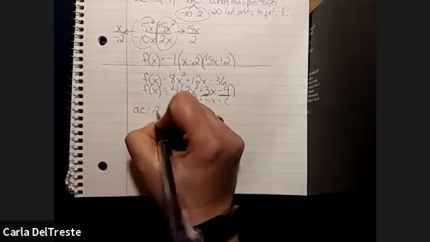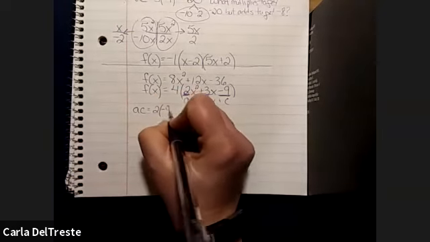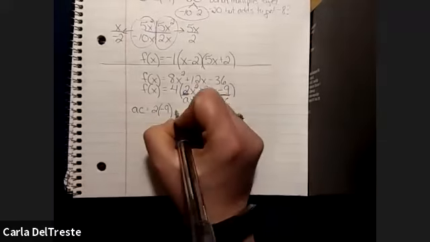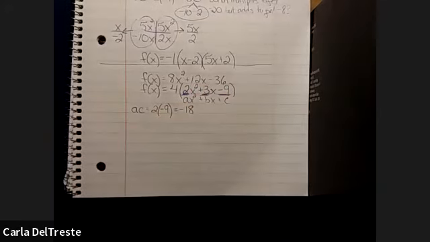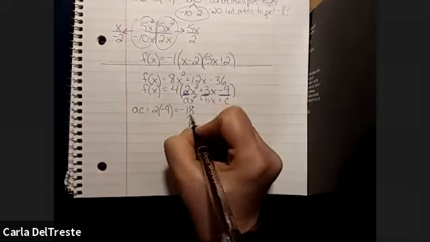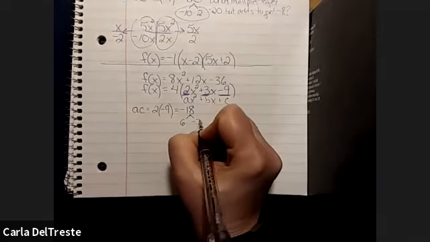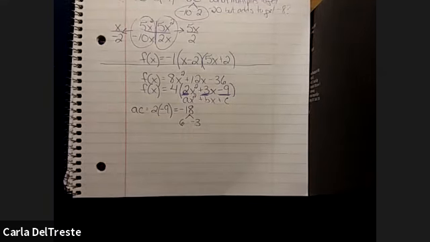So a here is 2, c here is negative 9, and so I get negative 18. The question is what multiplies to give us negative 18, but adds to give us positive 3. The combination that does that is 6 times negative 3.